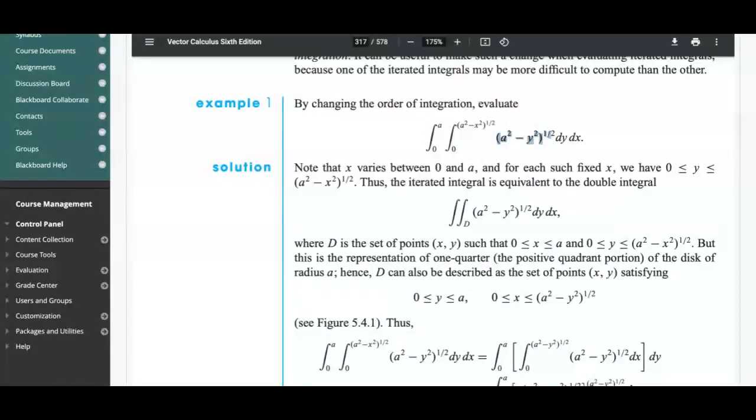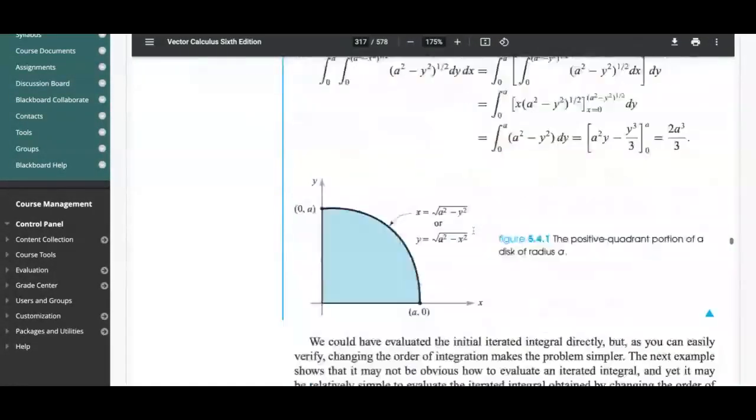So we want to change the order of integration. So what do we do? We draw the picture of this region. Well, the x direction goes from 0 to a. The y direction goes from 0 to the square root of a squared minus x squared. That's a quarter circle. Okay? We just draw the picture.